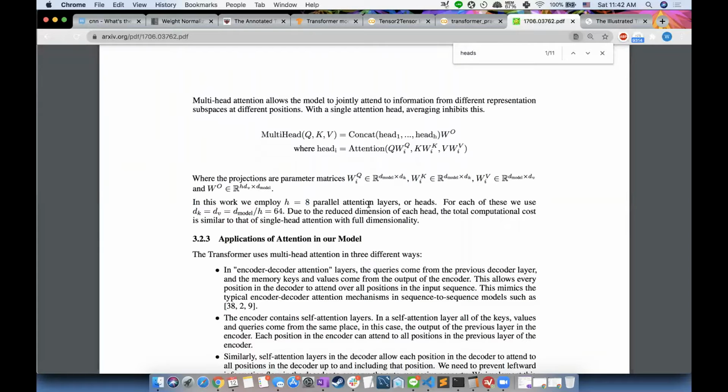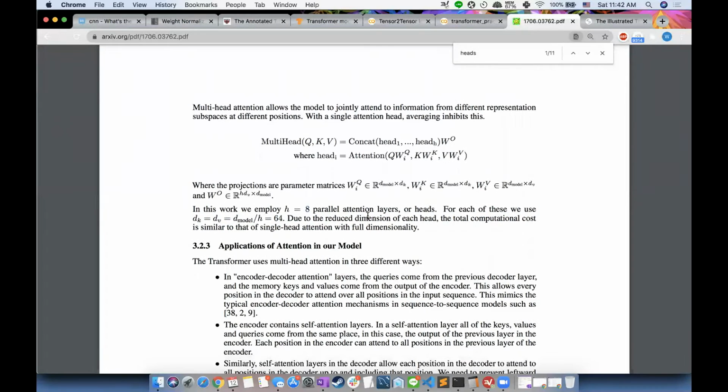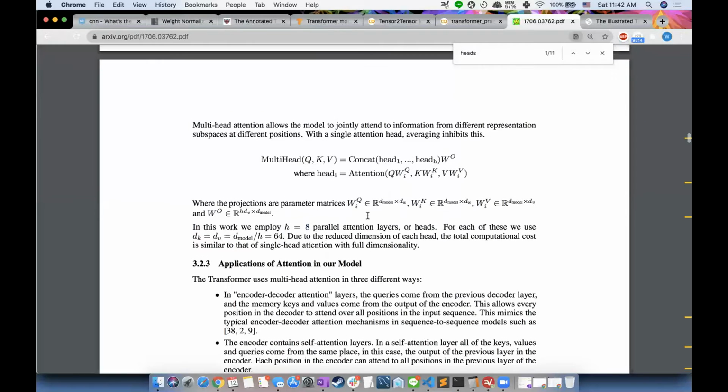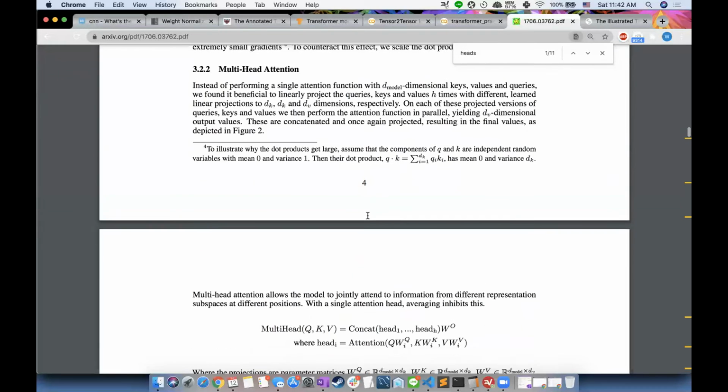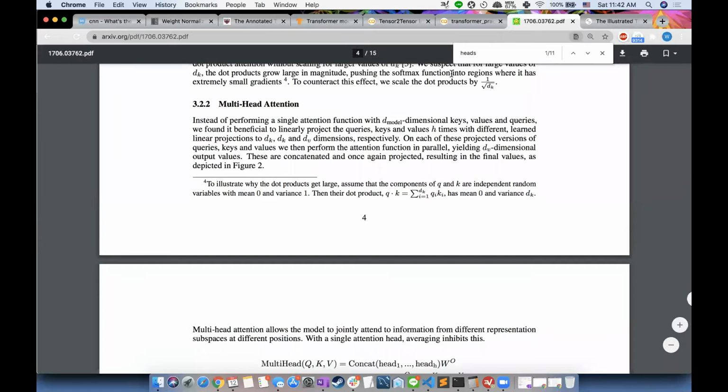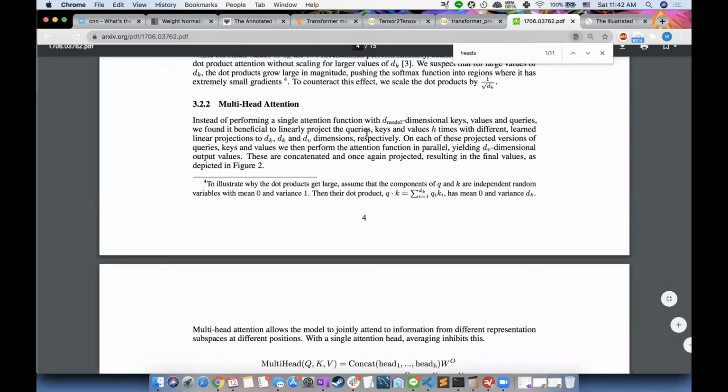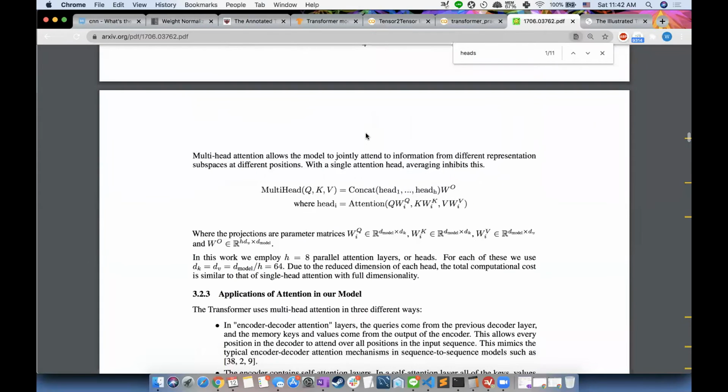I think maybe the idea was that different heads learn different relations in the sentence. 8 sounds like enough. In the lecture he was saying it's who was doing the action, the action, and to whom it's applied. That's 3 relations, and there are probably more. So that's the reason why we want multiple heads, 8 or some other number.